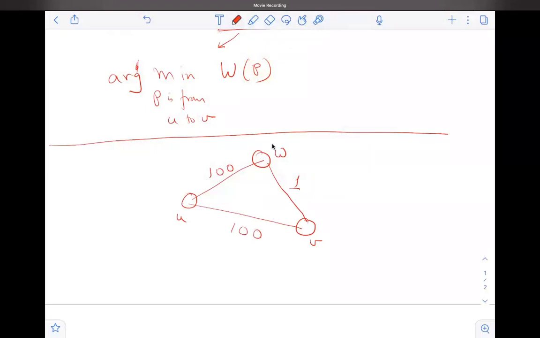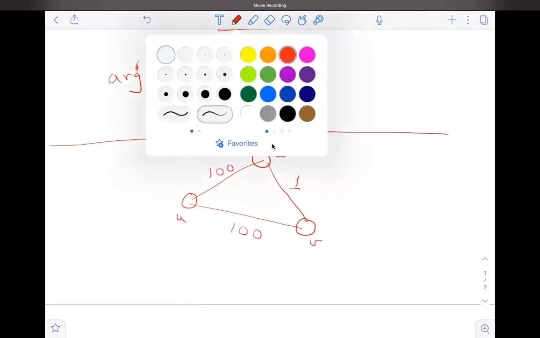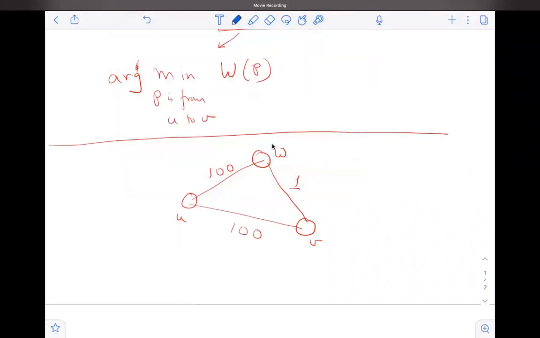So take the one weighted edge and any one of those 100 weighted edges. Say I will take this one and this one. It's a minimum spanning tree. Now in the minimum spanning tree, what is the distance between U and V? 101, if you use the spanning tree edges.